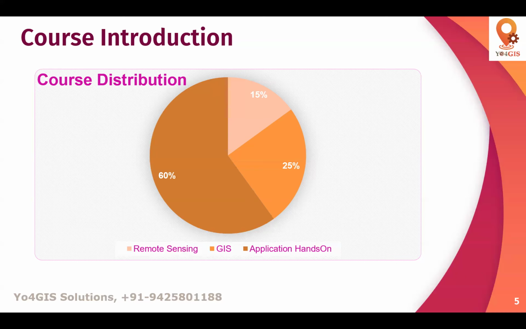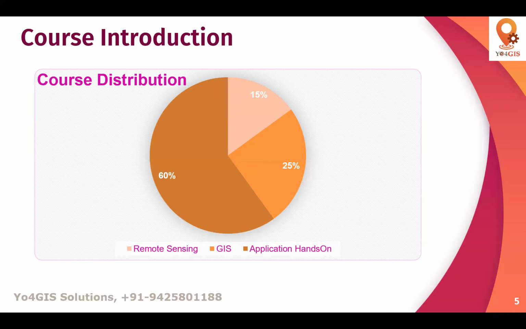What are the main industries where people are extensively using GIS? That is very important to understand: what is GIS, what are the functionalities, functions we have in GIS, what are the different kinds of software available in GIS.